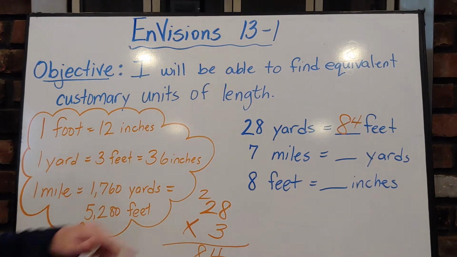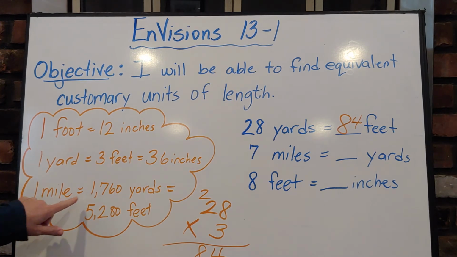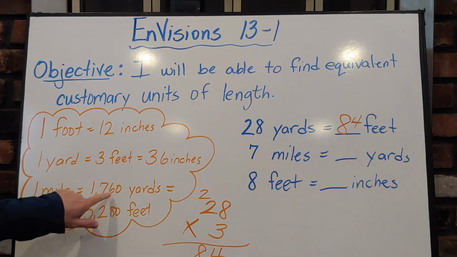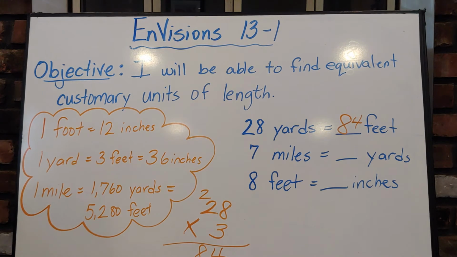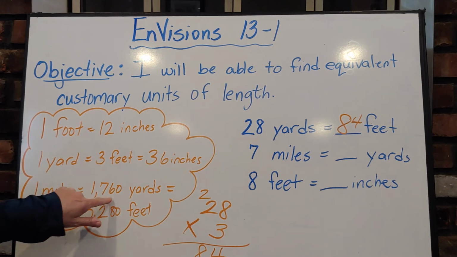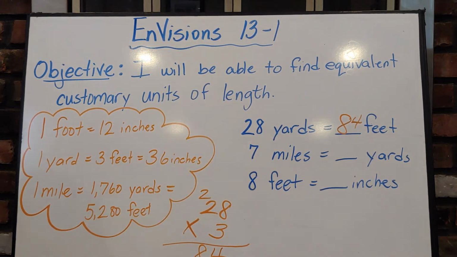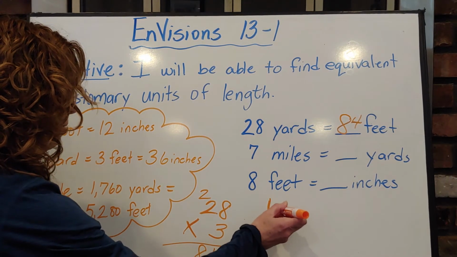I'll leave that there. 7 miles equals how many yards? Well, 1 mile equals 1,760 yards. So if we want to find out what 7 miles would be, we're going to take this number, 1,760, and multiply it by 7, because that's how many miles we're trying to figure out. So that's a longer number.